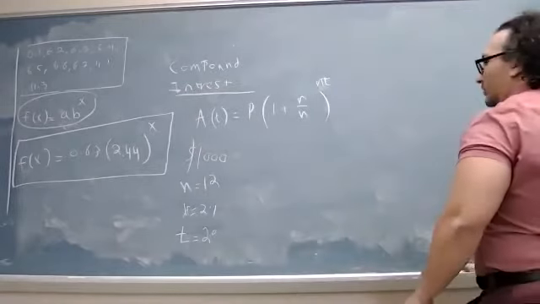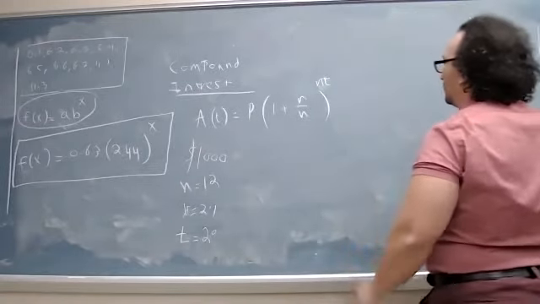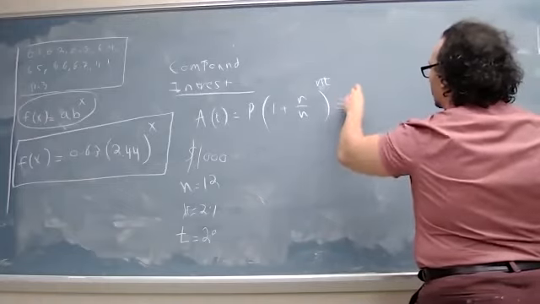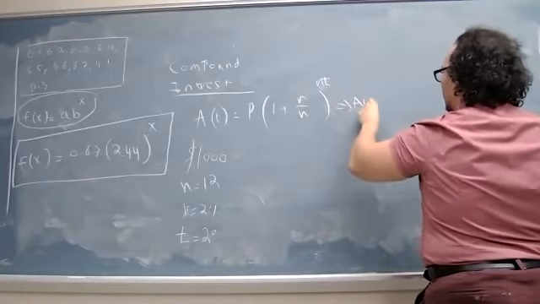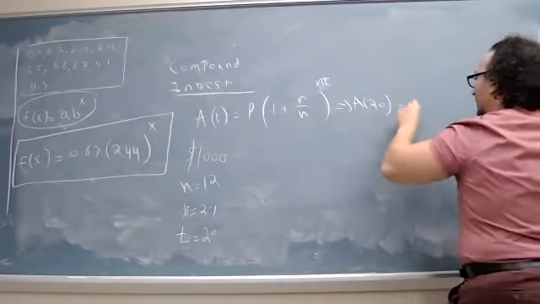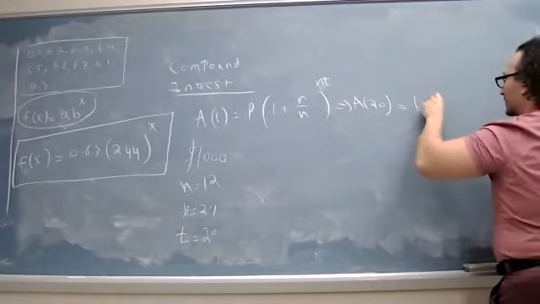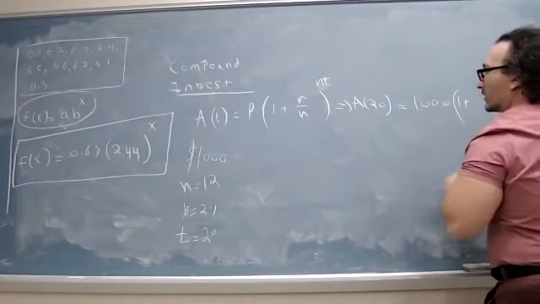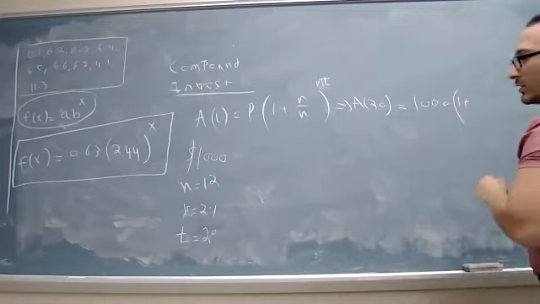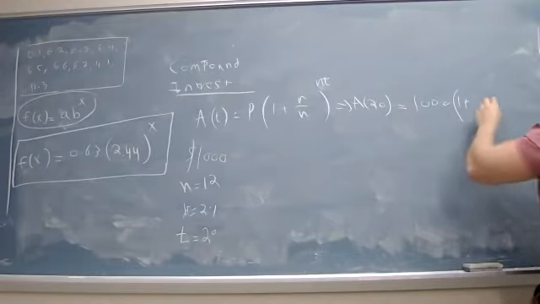Let's figure out what your new account balance will be in 20 years. That implies we're getting A of 20. So that equals the $1,000 you had times 1 plus your rate, which needs to be divided by 100 because it's a percent.